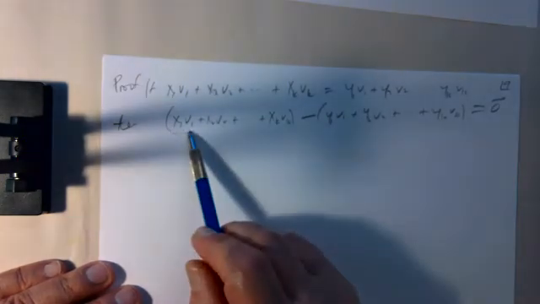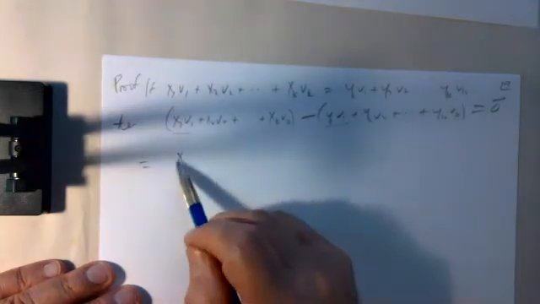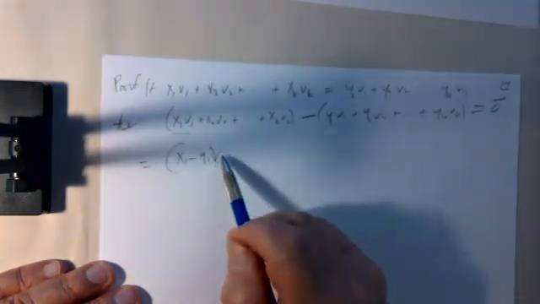But here I have x1 v1 minus y1 v1. This is the same as x1 minus y1 times the vector v1.